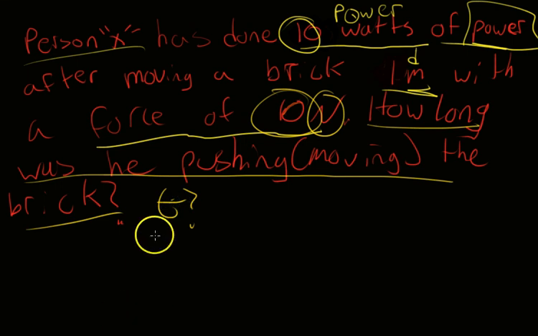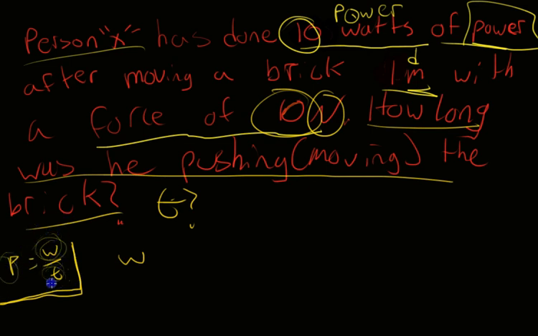So let's go ahead and look at this. We don't have one conglomerate equation that we can look at, but we do have two. We want to solve our power, P equals W over T, which is inevitably what we want to solve because we need T. We also need to solve W, because we know P, but we don't know W. We don't know T. So we need one of these, W or T, to become known.